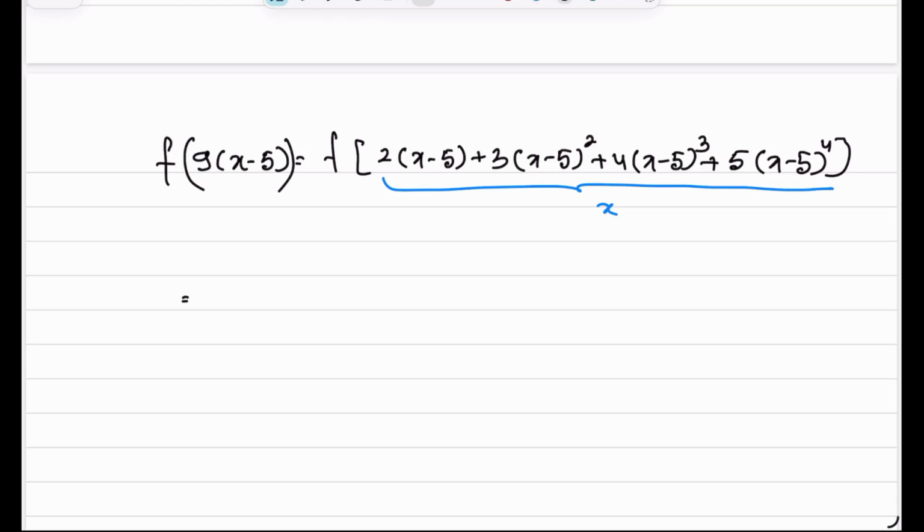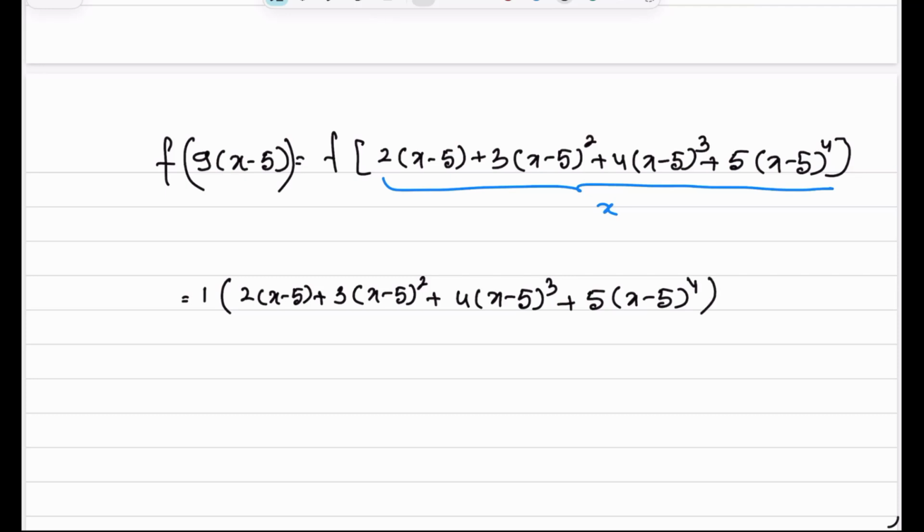What is f(x)? 1·x, where the x value here is 2(x − 5) + 3(x − 5)² + 4(x − 5)³ + 5(x − 5)⁴. We are writing f of g(x − 5).